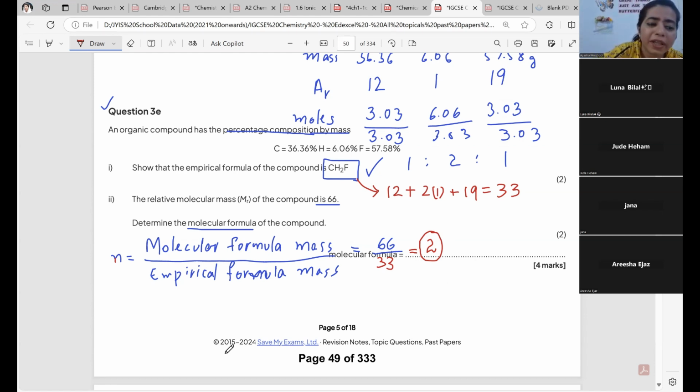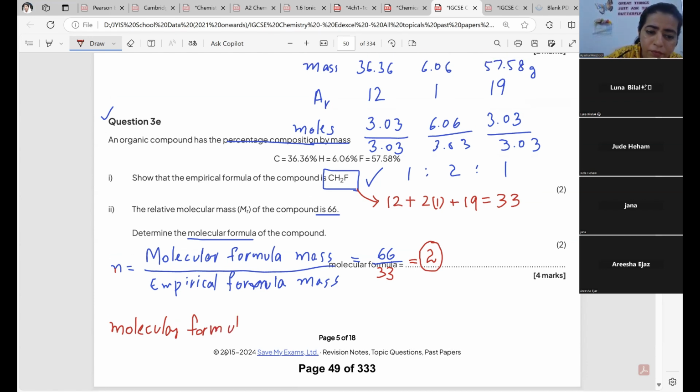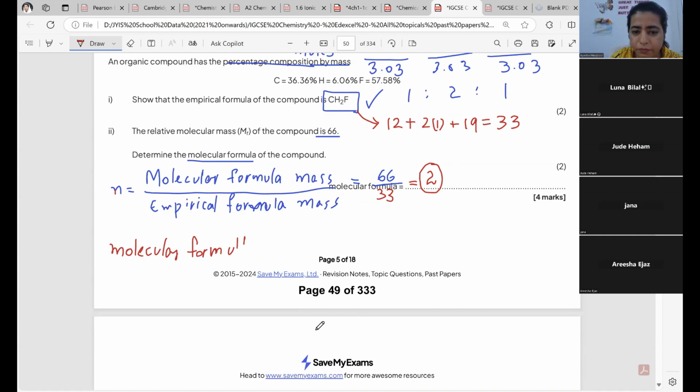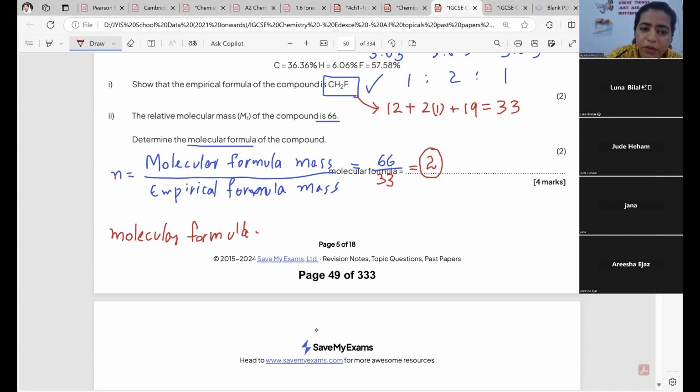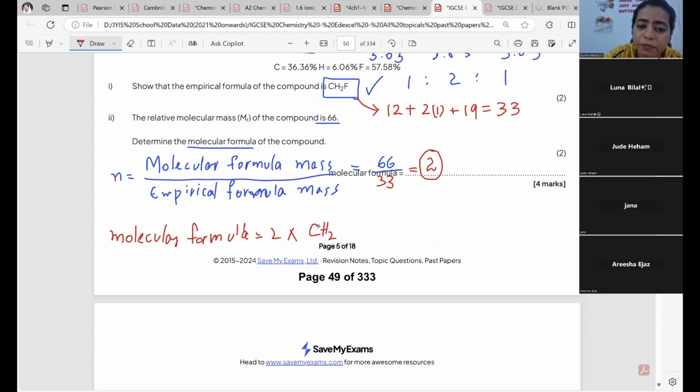The next formula that you can write over here: molecular formula is equal to this number, whatever n you calculated, multiplied by the empirical formula CH2F.